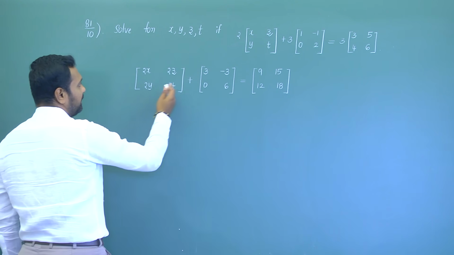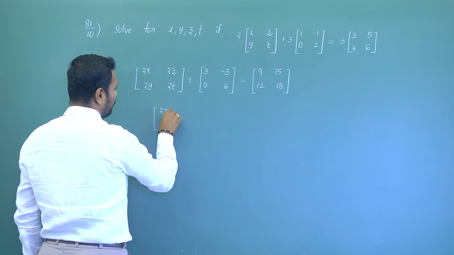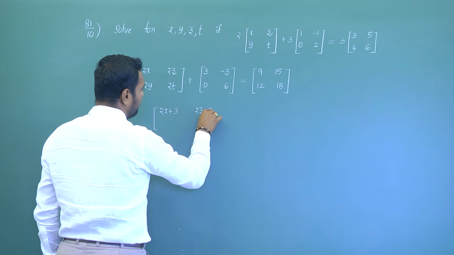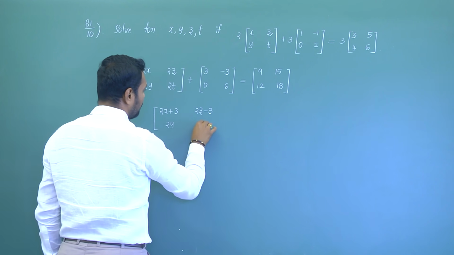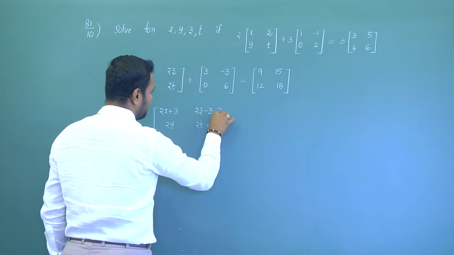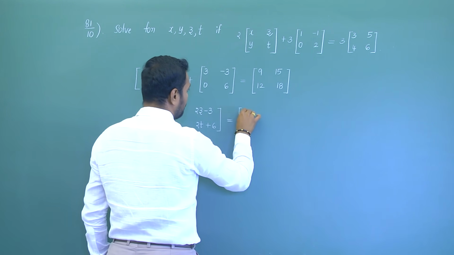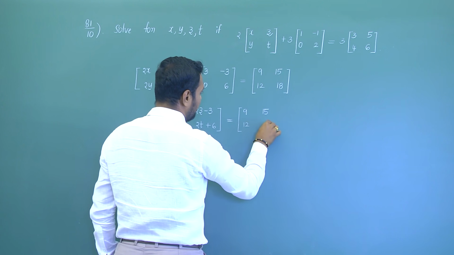If you add these two matrices, then you will get 2x plus 3, 2z minus 3, 2y, 2t plus 6 equals 9, 15, 12, 18.